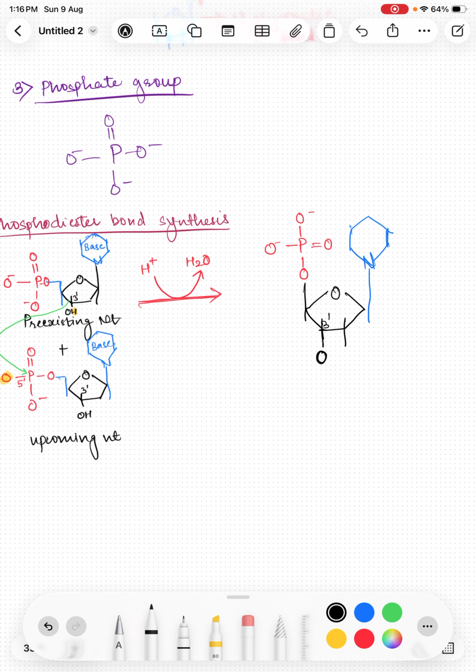This oxygen atom is as it is. The hydrogen atom will pair up with this H plus ion which is already present in environment. Again this phosphate group.